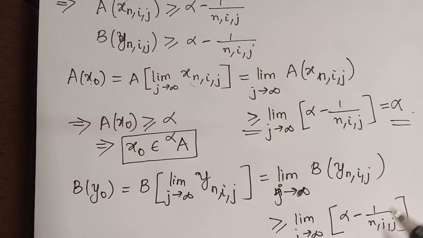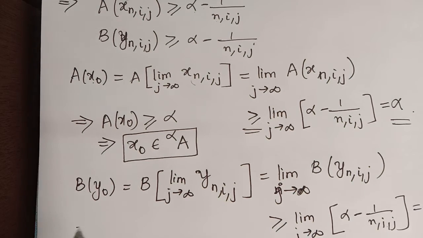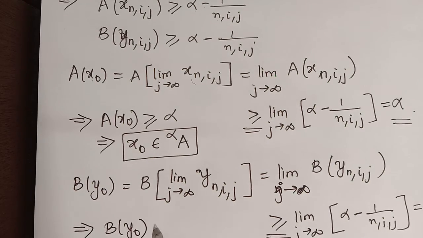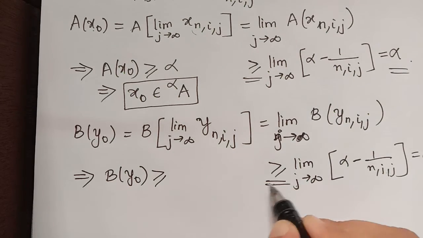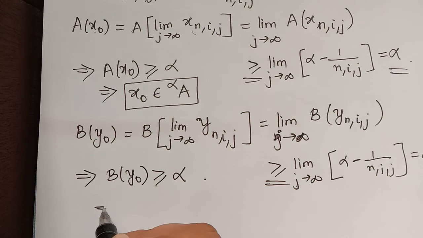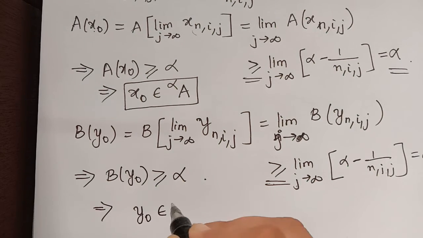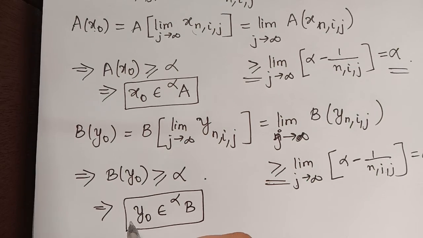And this becomes 0 as j tends to infinity. So this will be equal to alpha. So we observe from this that b of y naught is greater than or equal to alpha, and so this implies that y naught is an element of alpha cut of b. So this we have obtained.